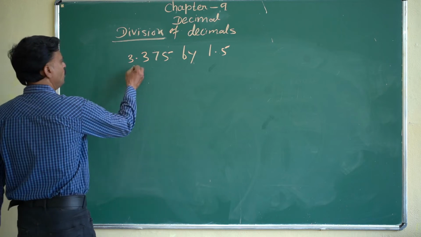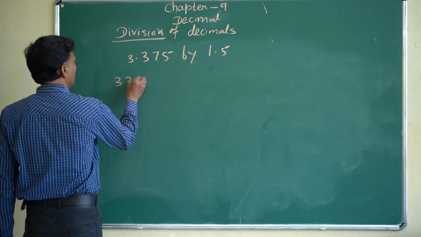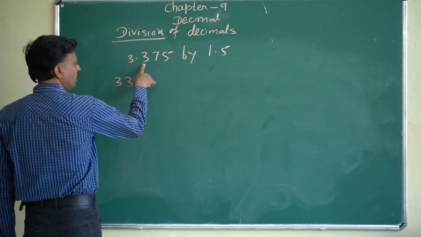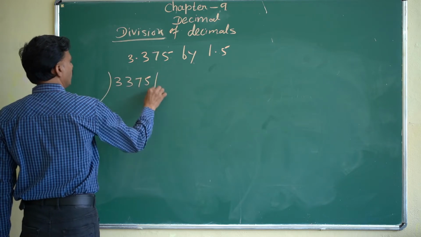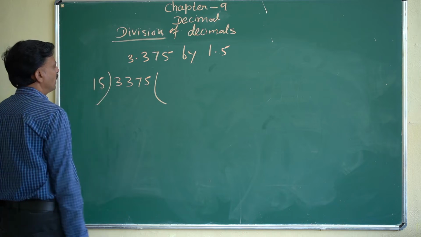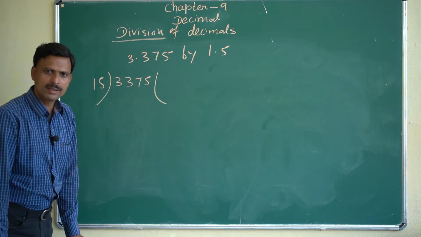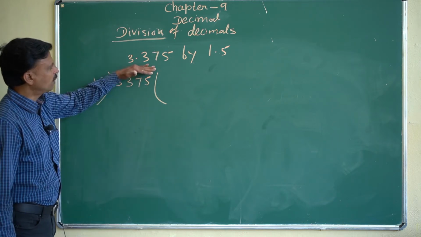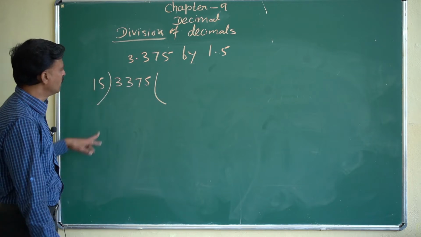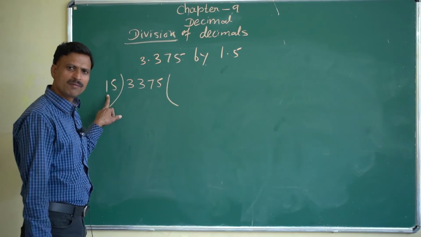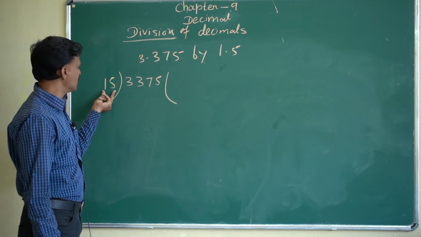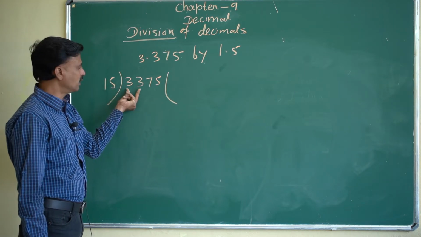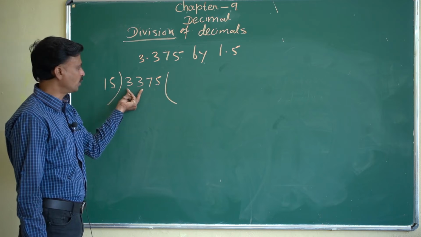First, as I told you, we'll take the numbers without the decimal, which means we'll take 3375 and divide it also without the decimal, that is by 15. Any problem? No. So 3375 divided by 15. How many times will it divide? This is 33 and this is 15. By 15, we take 2 digits.